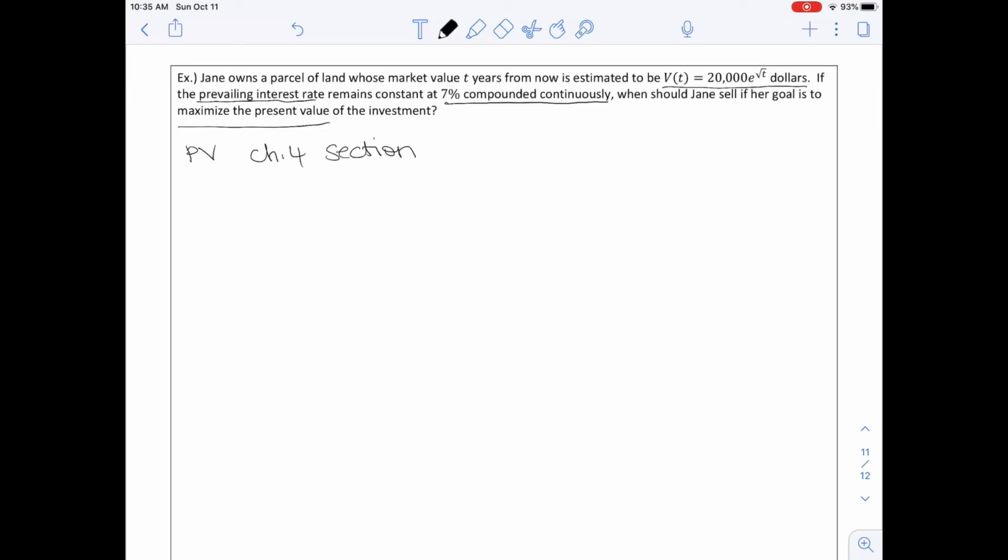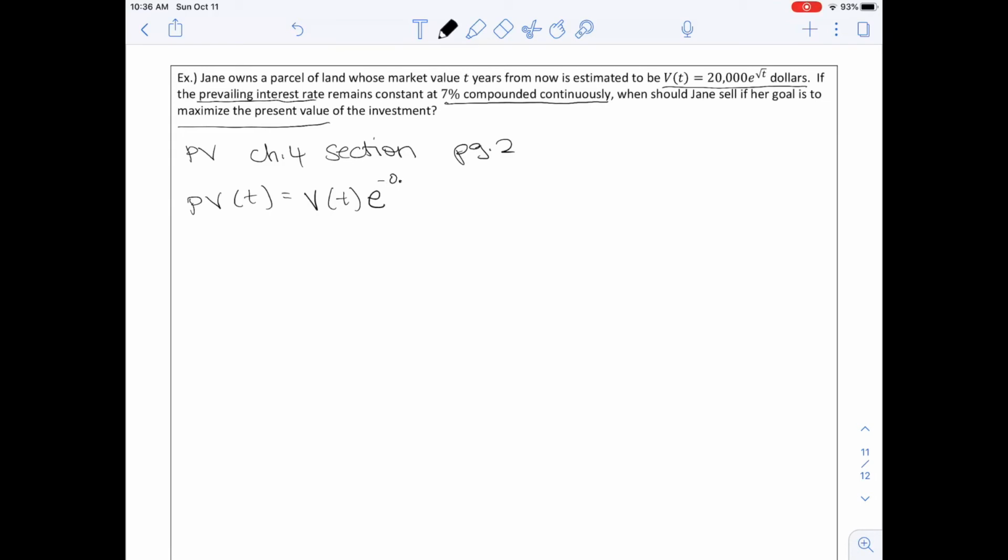And this is in your notes on page 2. So if you go back and look at that, you can see the formula. So I'm going to go ahead and write PV for present value at time t is equal to the amount that we have. And for this case, we actually have a function. So we have V of t, and it's e to the negative rt. And so our rate here is going to be negative, and our percentage is 7%.